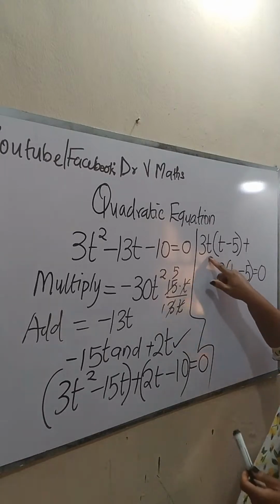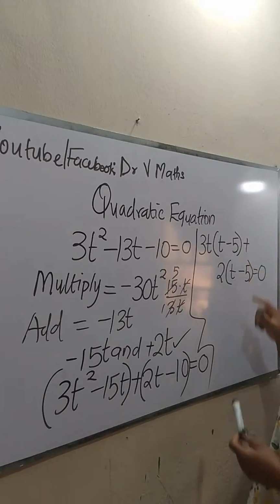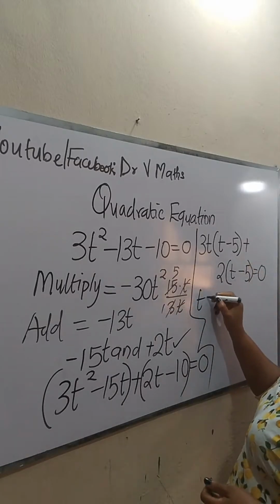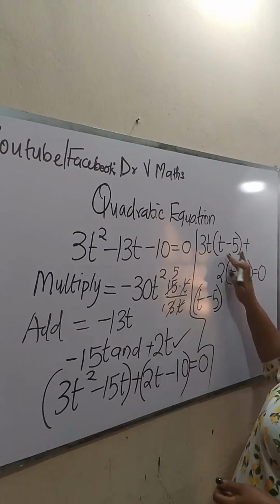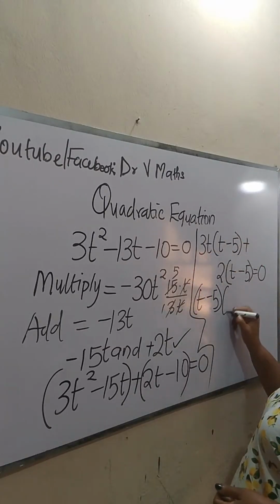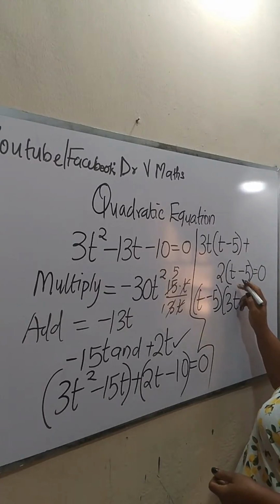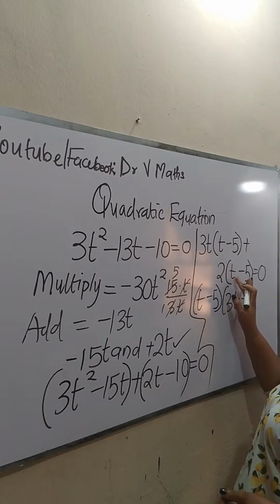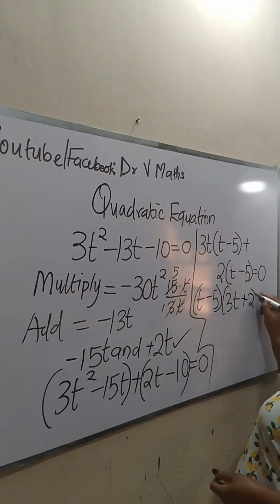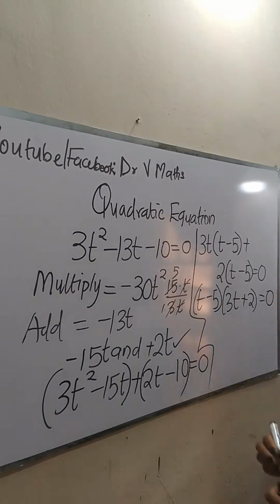So we look at this place. t minus 5 is common. We factor it out. If we divide the whole of this place by t minus 5, this will cancel and we have 3t. If we divide, this is plus here. If we divide the whole of this place by t minus 5, we have 2. And it is equal to 0.